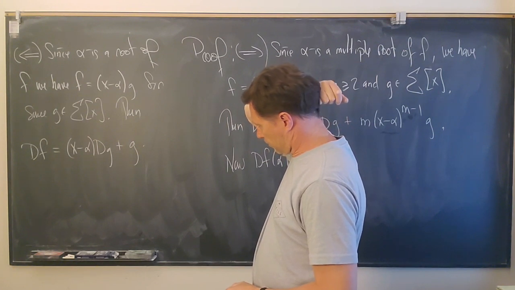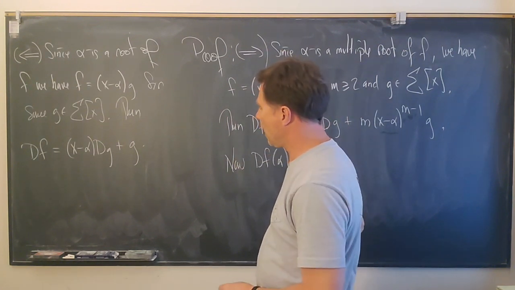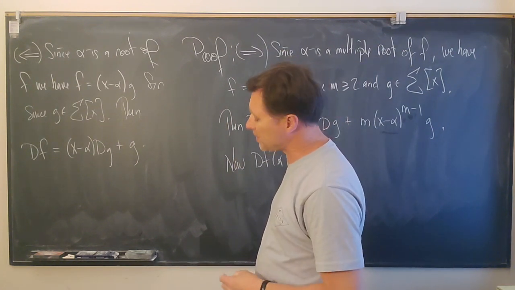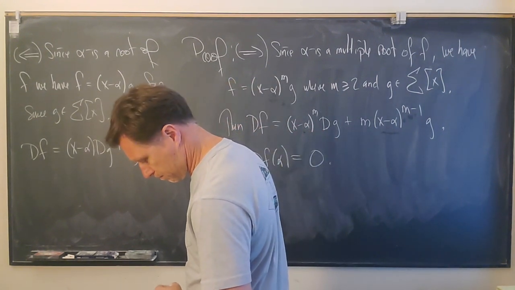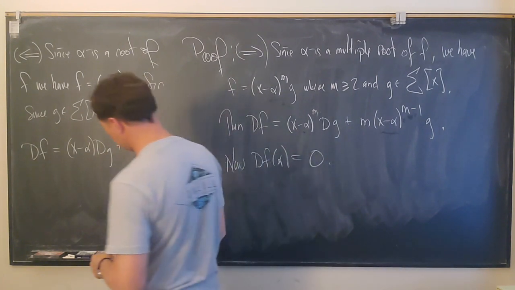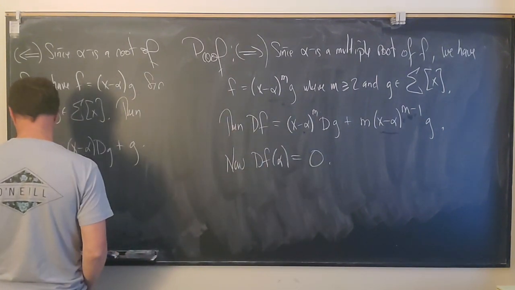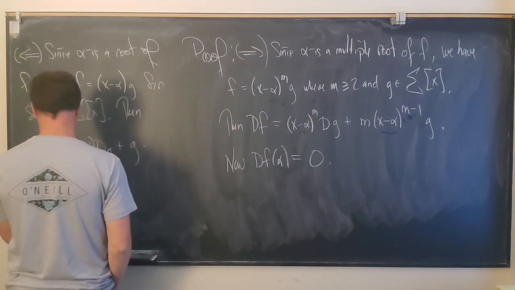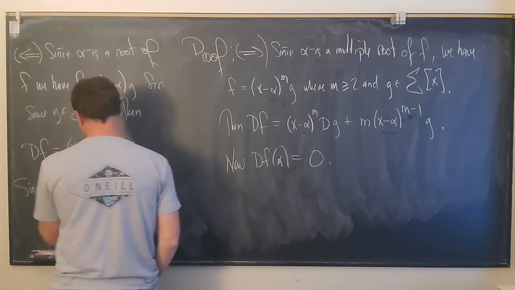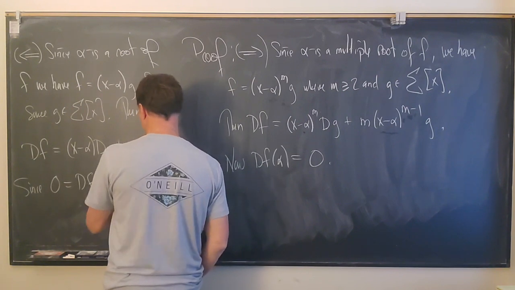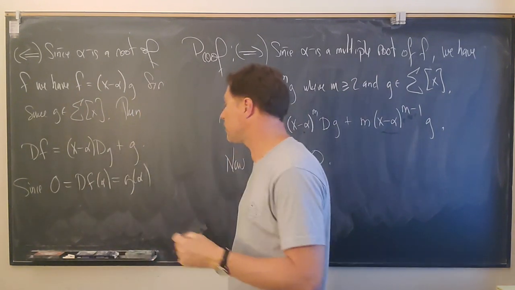Now, when we plug alpha in, we know that we get 0. So since 0 equals df of alpha, and if you plug alpha in, that's equal to g of alpha, that tells us that alpha is a root of g.